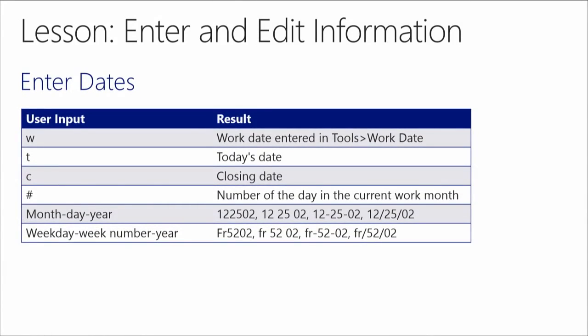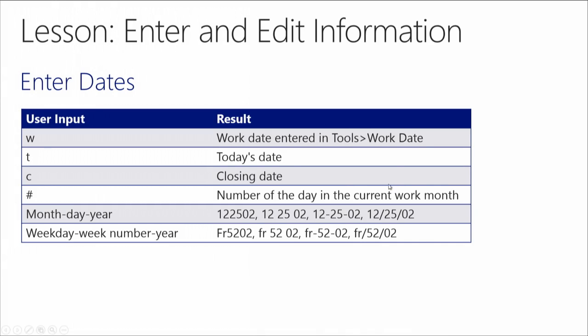Because like I just said, users that have to do a lot of data entry, they can really benefit from using these shortcuts. If you, for example, would like to enter a work date, just type W in the date field. If you would like to enter today's date, if today's date would be different from the work date, for example, just type T. So you see, these are the shortcuts that you can use to enter dates.